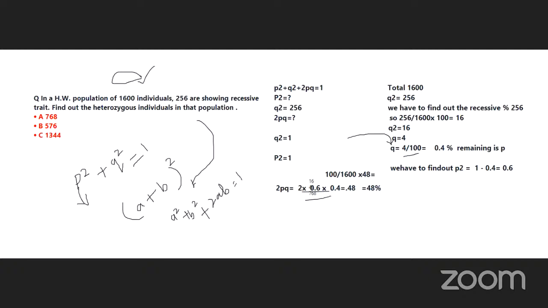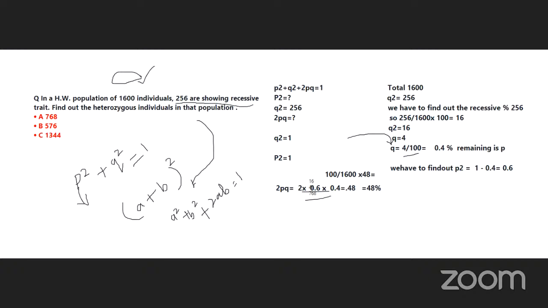So this is the formula. The same thing is repeated here: p squared plus q squared plus 2pq is equal to 1. This is the Hardy-Weinberg law.